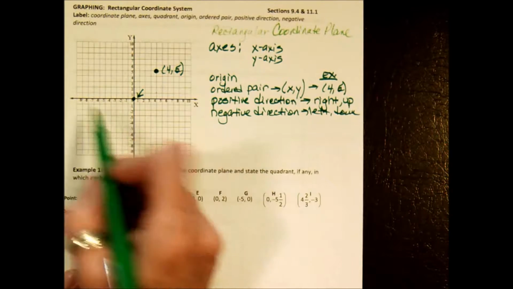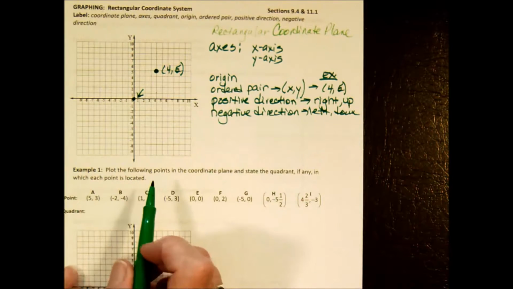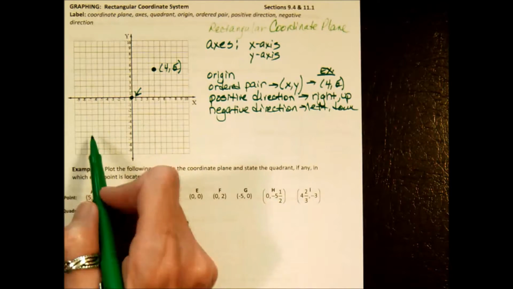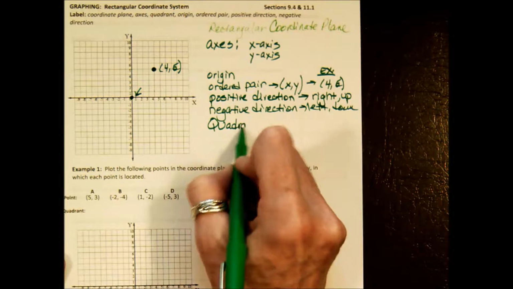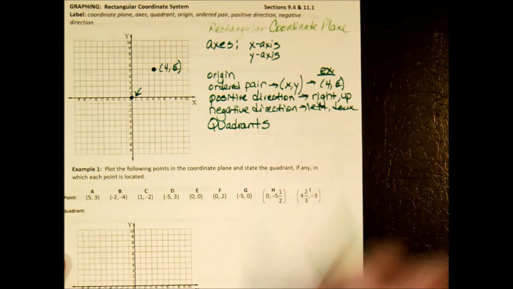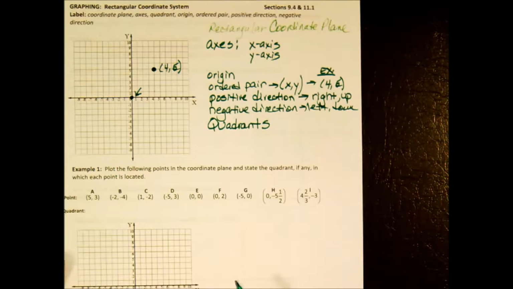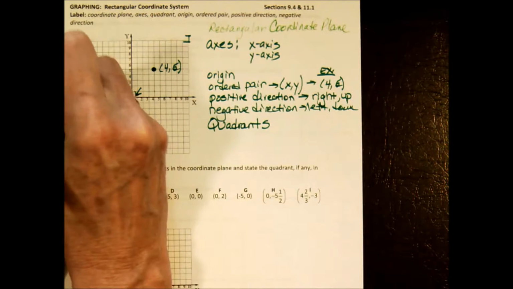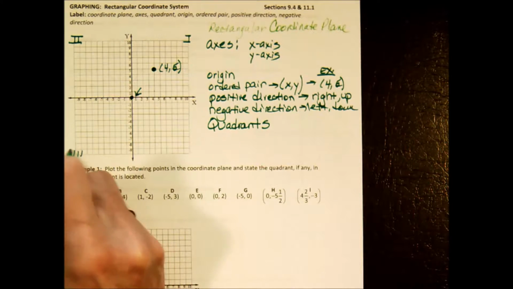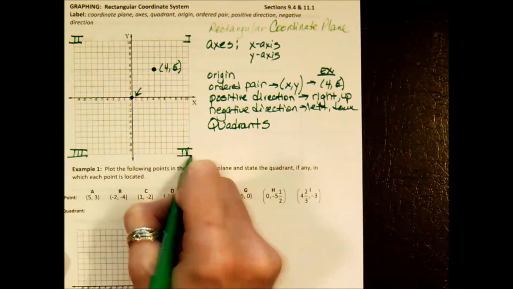Also, the two axes split this plane into 1, 2, 3, 4 what we call quadrants. Those quadrants are numbered, and it matters how they're numbered. They're numbered with Roman numerals. This is quadrant 1, this is quadrant 2, quadrant 3, and quadrant 4.